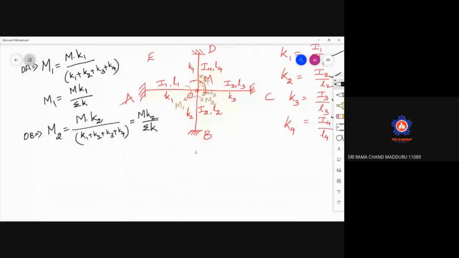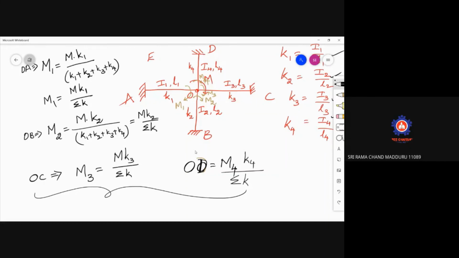Similarly, OC: M3 is equal to M into K3 by sigma K. OD: M4 is equal to M into K4 by sigma K. So these are the relative stiffnesses of the members.